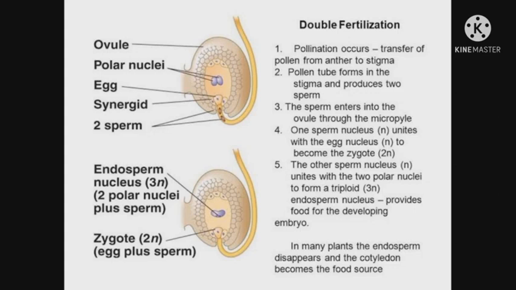One sperm nucleus unites with the egg nucleus to become the zygote. The other sperm nucleus unites with the two polar nuclei to form a triploid endosperm nucleus. It provides food for the developing embryo. In many plants, the endosperm disappears and the cotyledon becomes the food source.